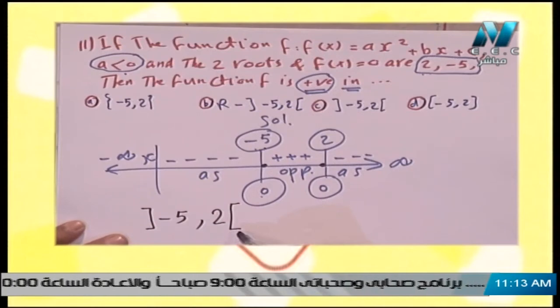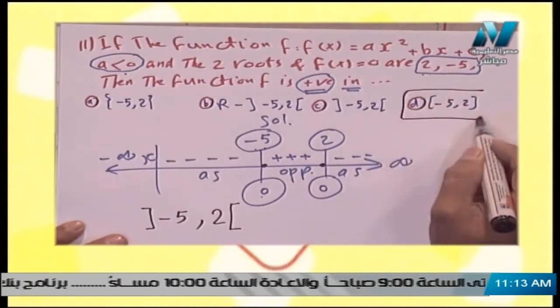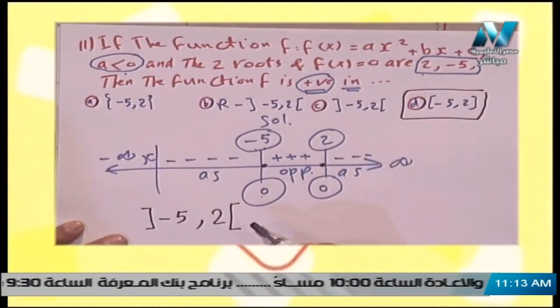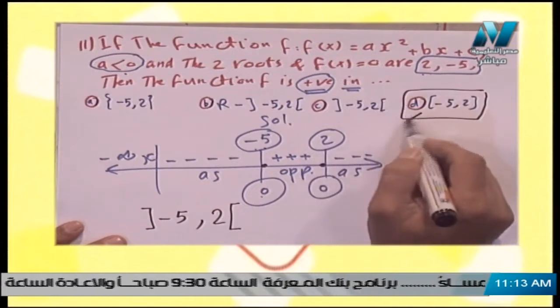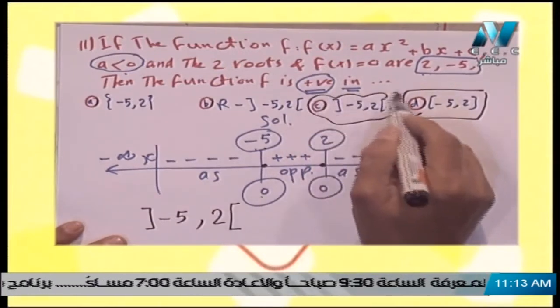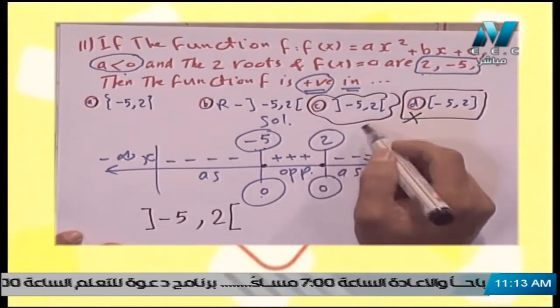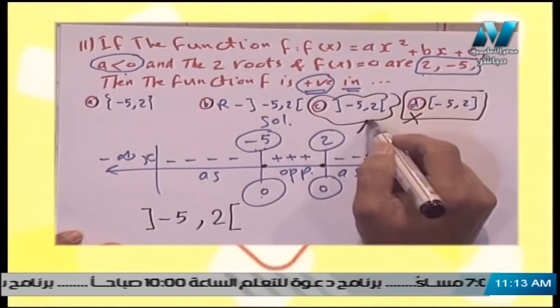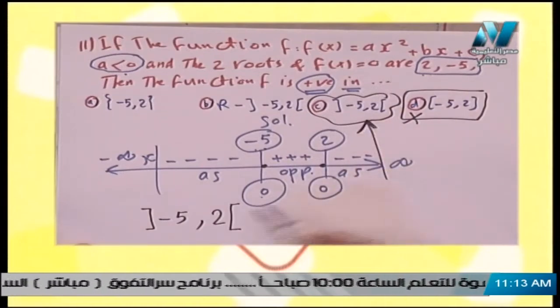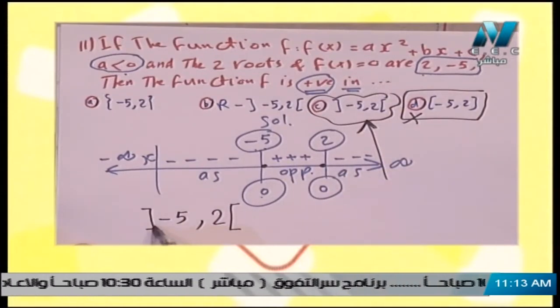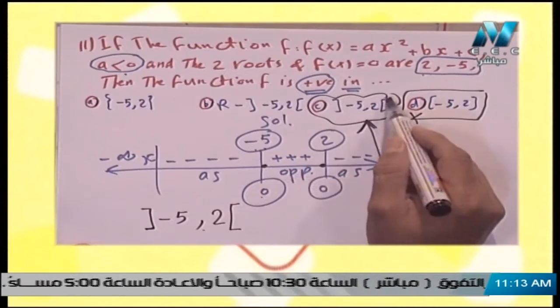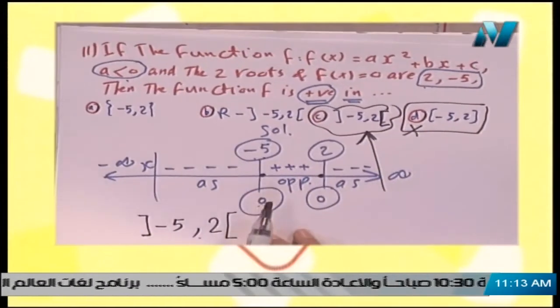So the answer will be D, negative 5, sorry, C, negative 5 and 2 open. Concentrate to find out the real solution and right solution. We have here negative 5 open and 2 open also. Okay, let's move to another question.